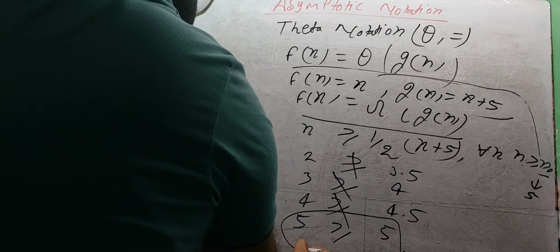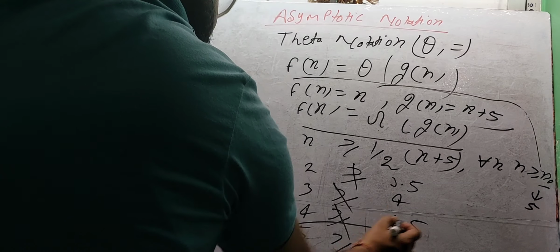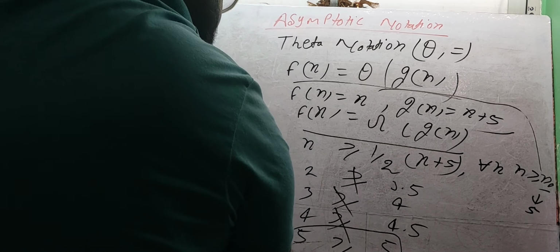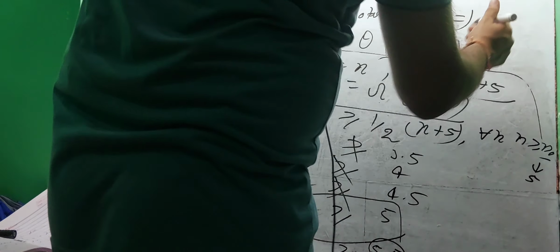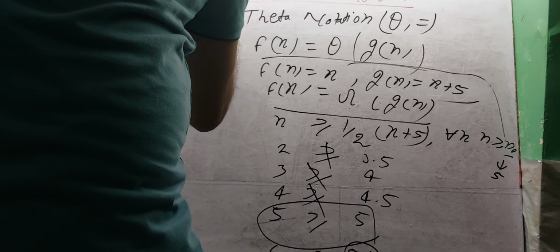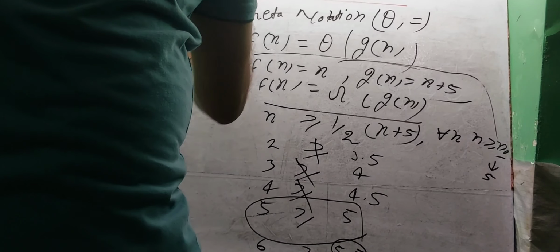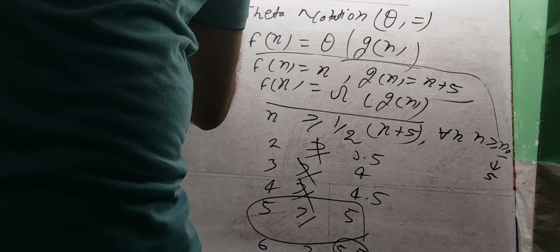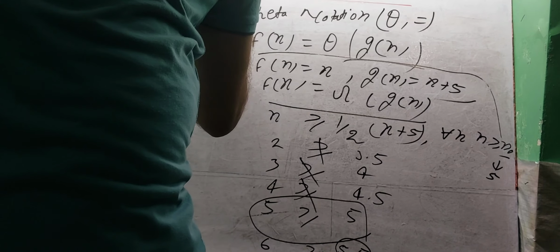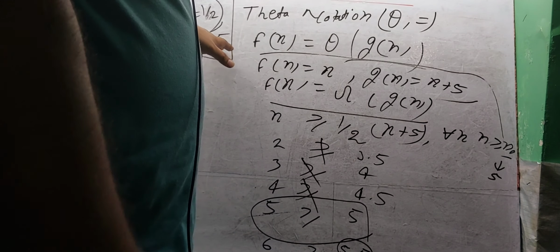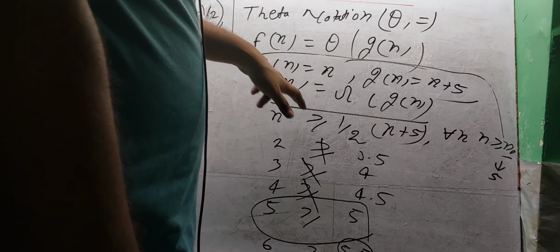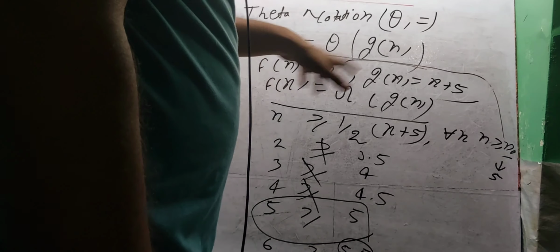Take 6, here 6, and 11 by 2 is 5.5. Okay. Now for omega, c1 equal to 1 by 2 and n naught for omega equal to 5. All values greater than 5 will hold good for this condition, that is f of n is omega of g of n.